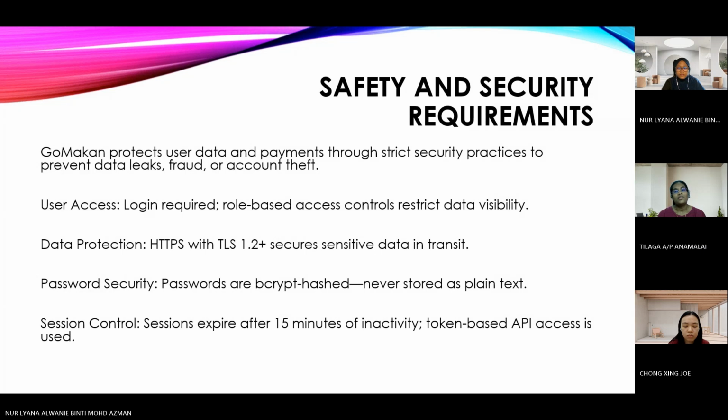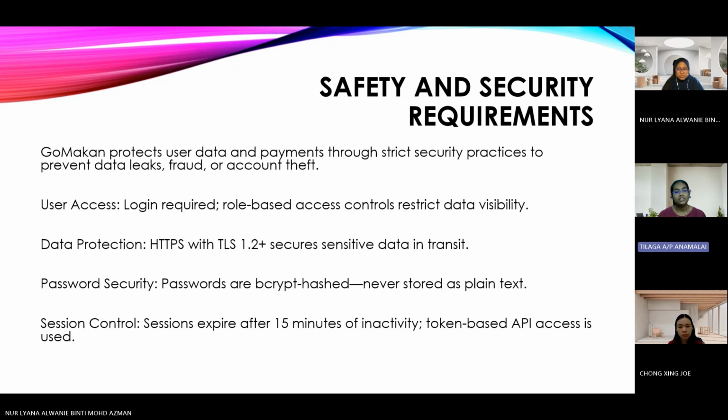Next. The safety and security requirement for GoMakan is to protect user data and payment with strict security practices to prevent data leaks, fraud, or account theft. For user access, they need to log in based on their role, such as customer, seller, or rider. This can restrict data visibility.